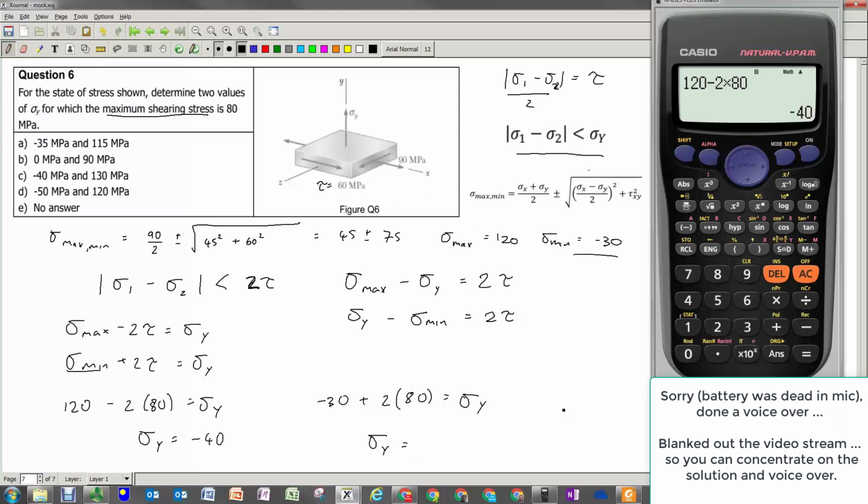You might find it easier to think about this using the Mohr circle and using the stress criterion derivative. And that gives 130, so we can see that the answer is going to be C.